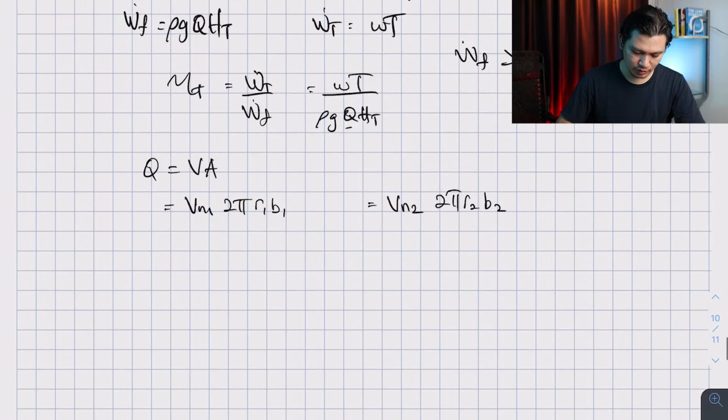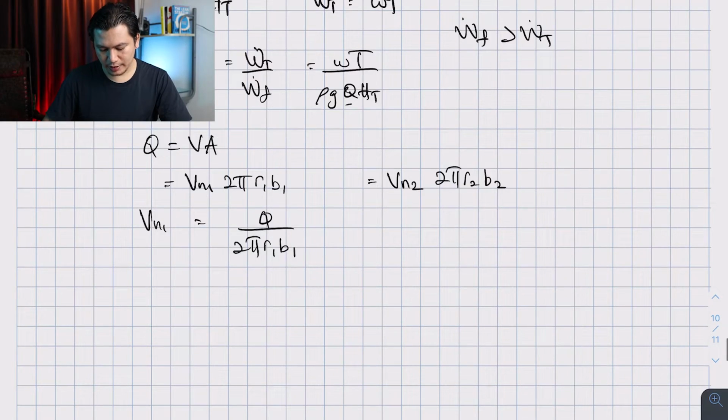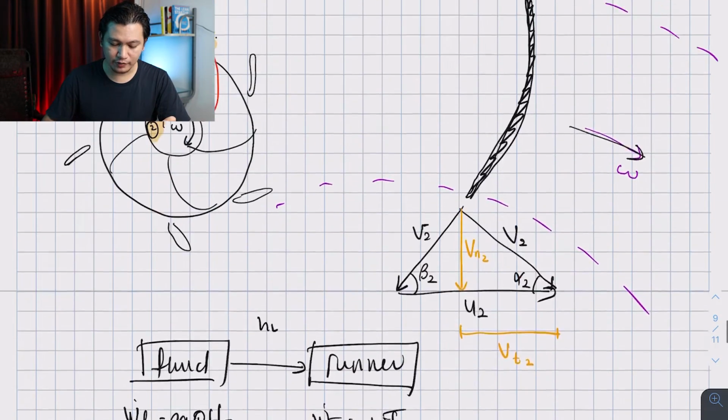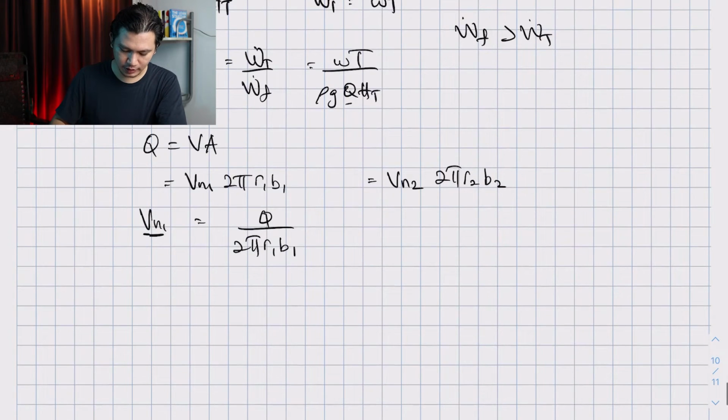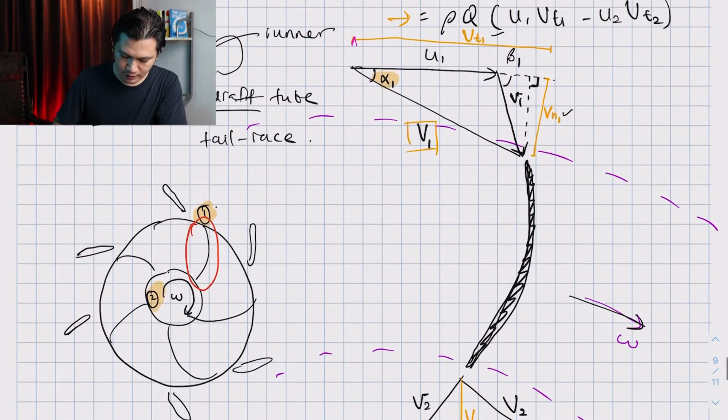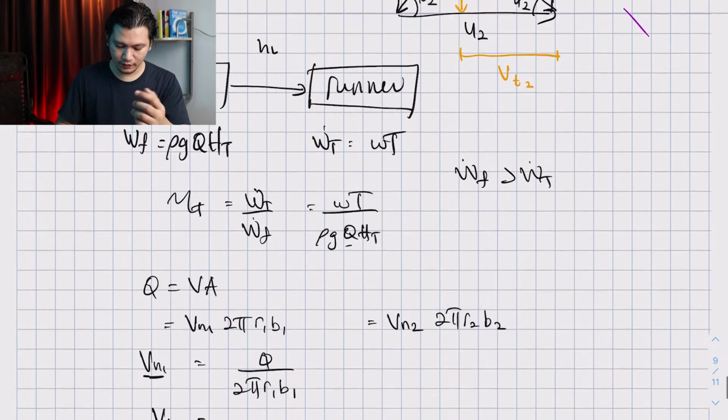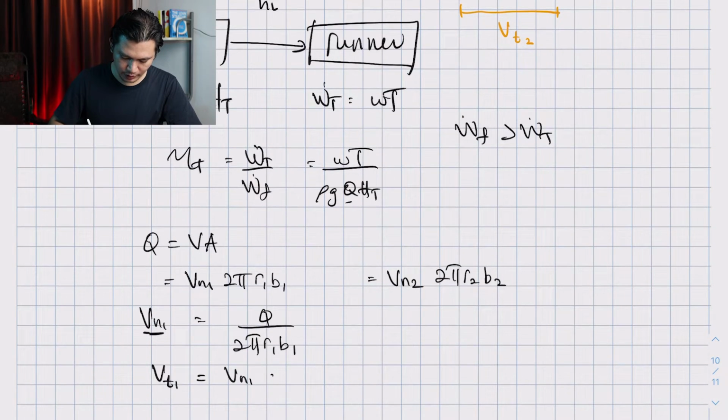So let's say you are looking for Vn1, for example. That's going to be Q divided by 2 pi R1 B1. And let's say we are looking for the relationship between Vn1 and Vt1. I know that Vn1 and Vt1 can be linked with alpha 1. So it's going to look something like this: Vt1 equals Vn1 cotangent alpha 1.